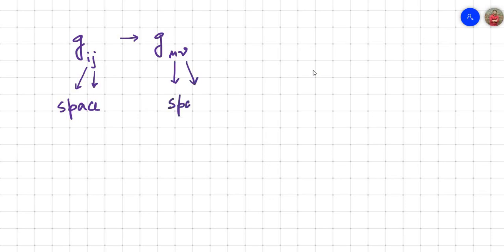So when we denote spacetime, we use mu nu. I've used it here for generality, but whenever we talk about 3-dimensional space, 5-dimensional space, or n-dimensional space, we should use ij. Especially, we'll use it for 3D space, and we'll reserve mu nu for 4-dimensional spacetime.